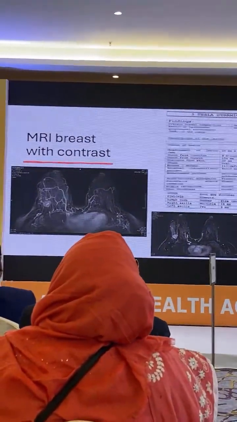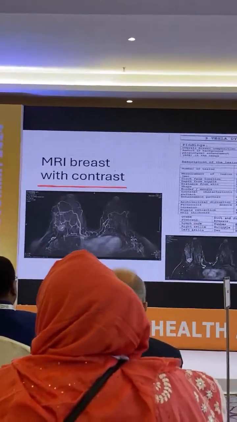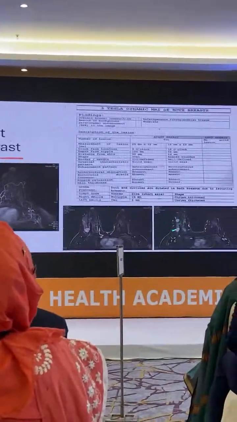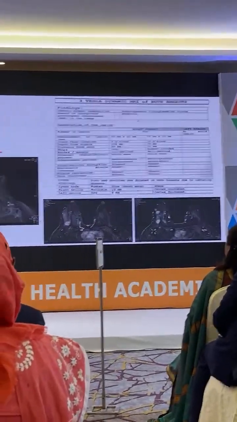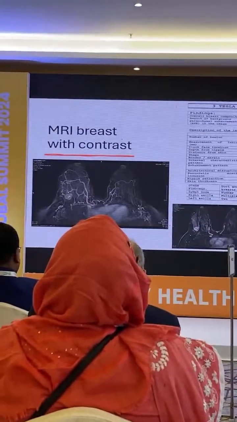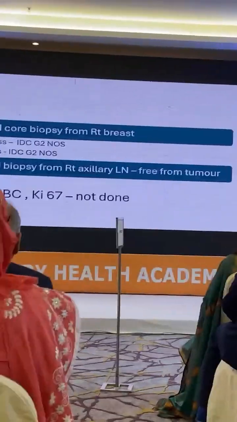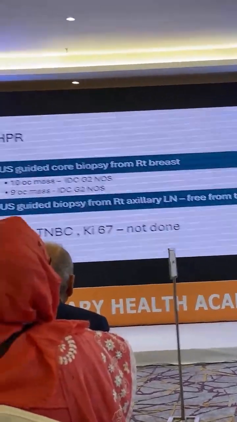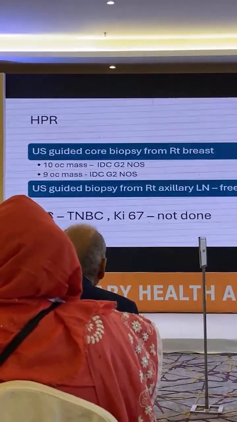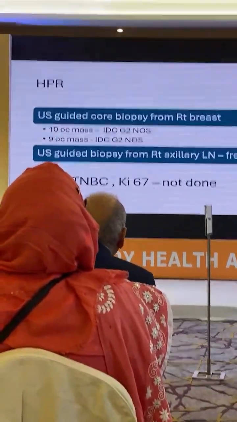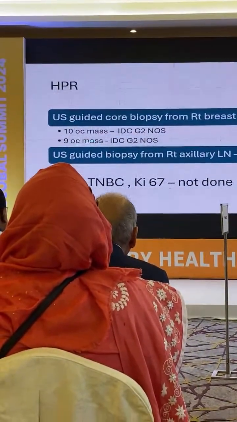So this is the MRI. Now you can see there are two distinct, separate lesions here. This one and this one. The radiologist actually thought about doing the same, so she took a biopsy from the 9 o'clock mass as well as the 10 o'clock mass.